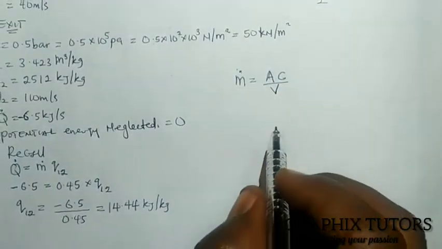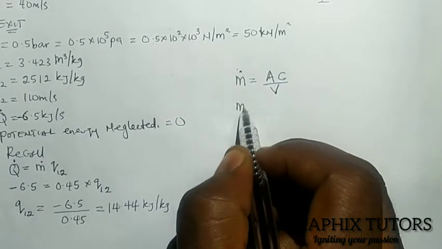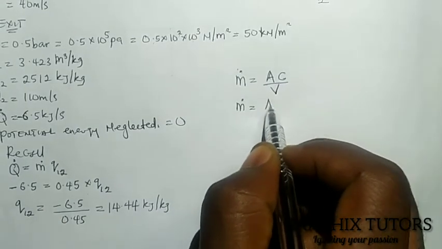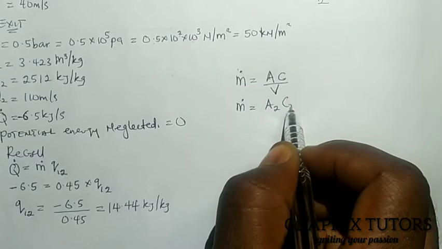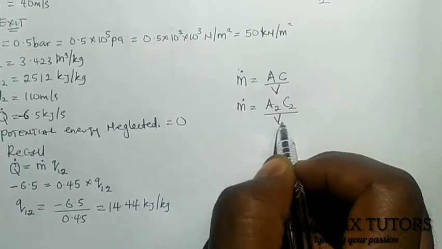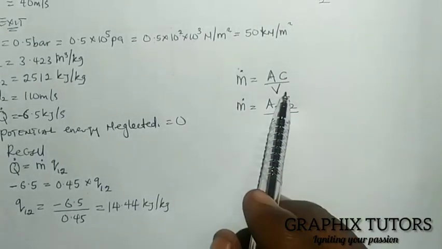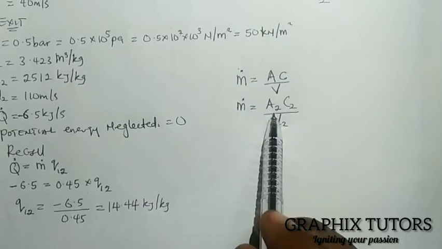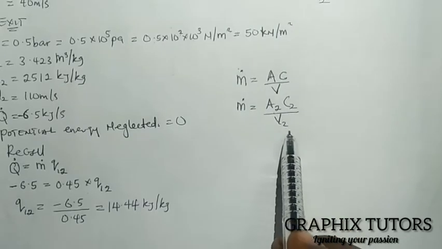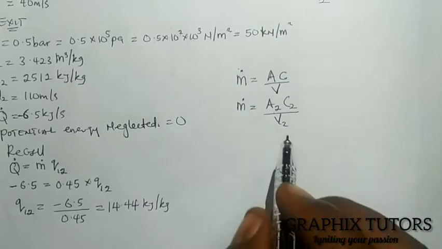My mass flow rate will be equal to A2 C2 over V2, and for the inlet it would be A1 C1 over V1.